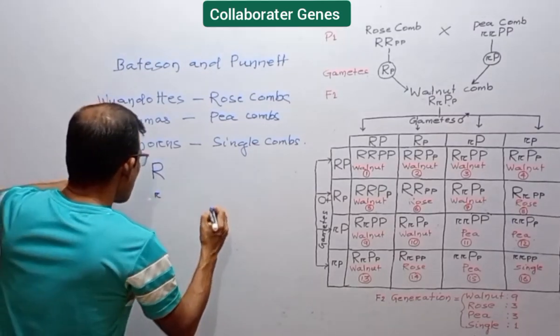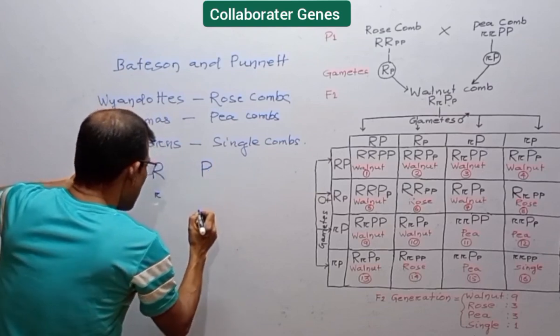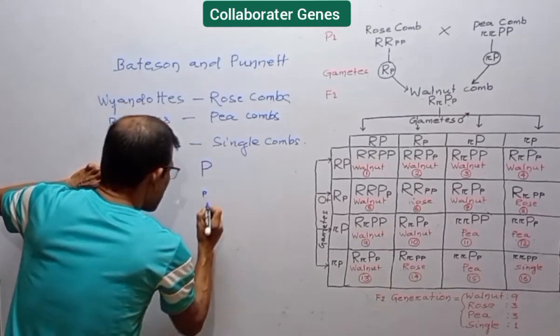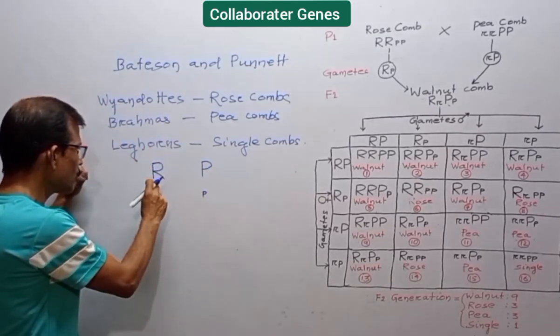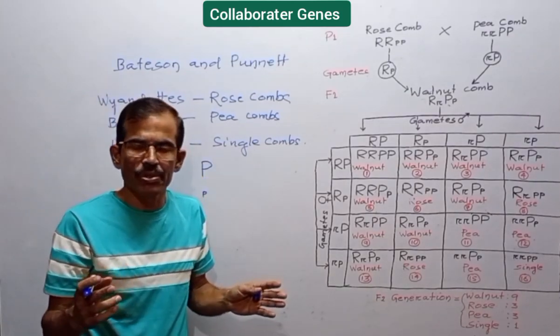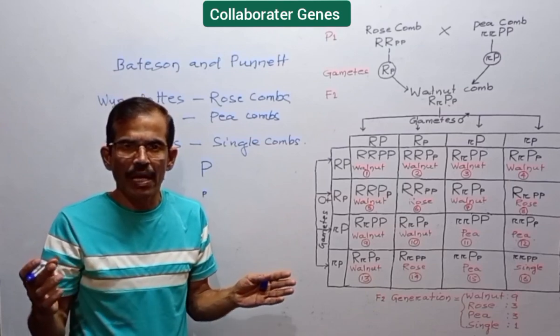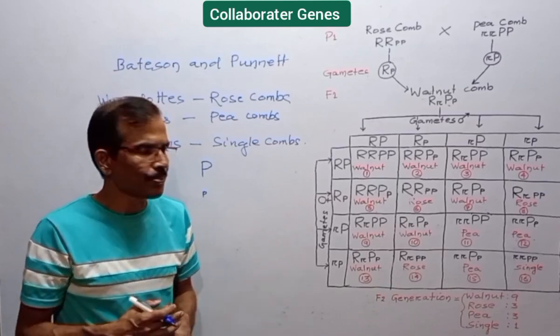Similarly, presence of the pea comb gene is represented by uppercase P and its absence by lowercase p. Both rose comb and pea comb genes express themselves in the heterozygous state, so they are considered dominant genes.